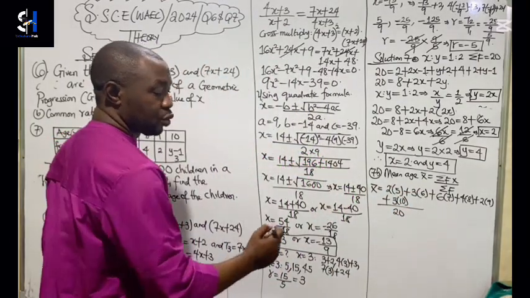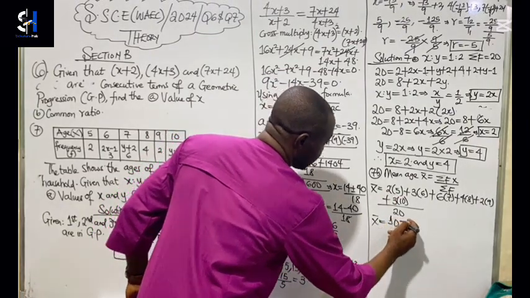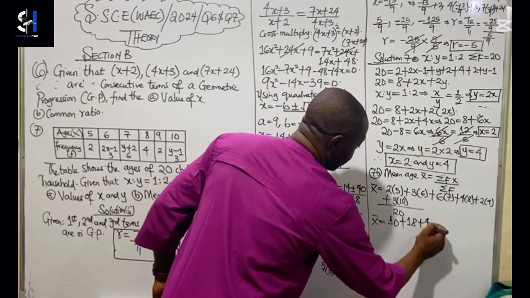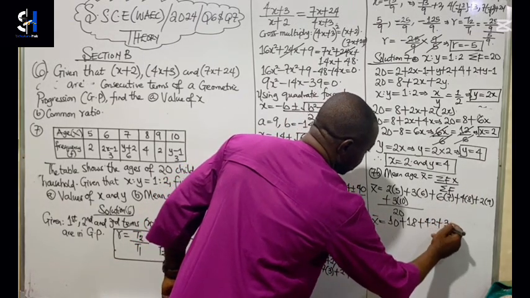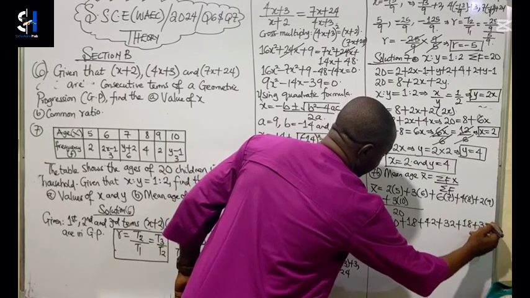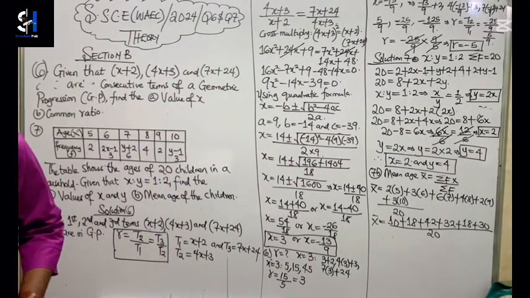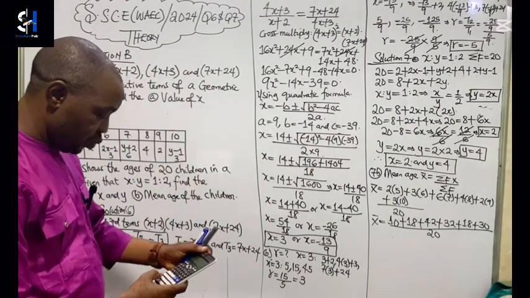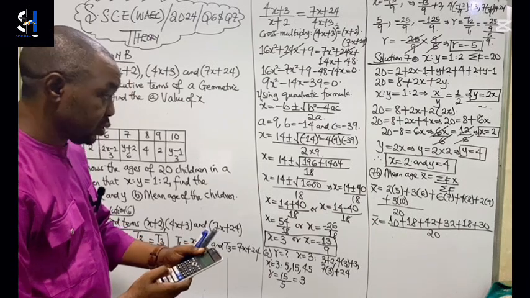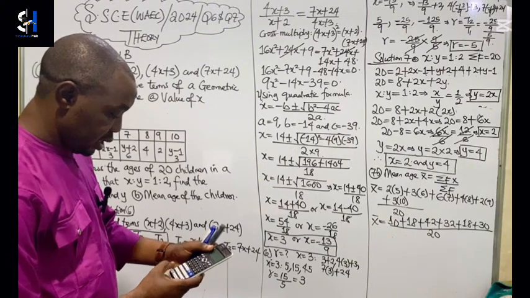To calculate the mean age, 2 times 5 is 10. 3 times 6 is 18. 6 times 7 is 42. 4 times 8 is 32. 2 times 9 is 18. 3 times 10 is 30. All over 20. So we have 10 plus 18 plus 42 plus 32 plus 18 plus 30.